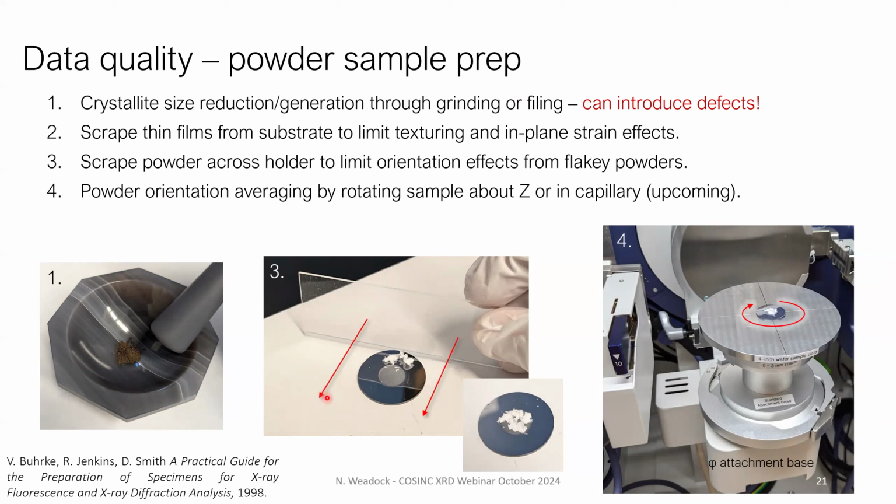If you have flaky powders or a sample that has some preferred texturing or fibery powders that you can't grind, what I suggest is placing the powder on the edge of your sample holder and just dragging a glass slide across and don't press down, and this will help to average out to some degree the orientation effects of your powder. If you have a sample that's been deposited as a film, if you can scrape that off and try and pulverize it, that'll help with any preferred orientation.